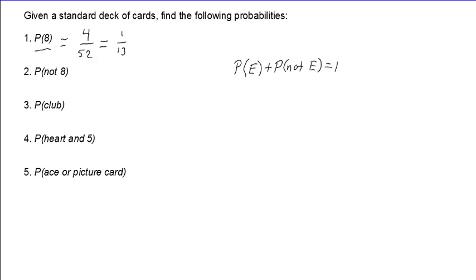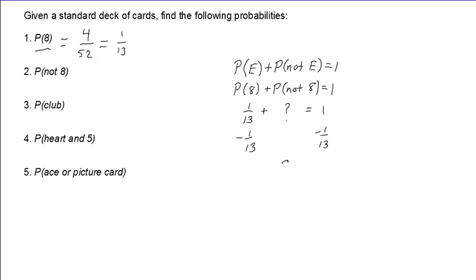So in this case, the probability of my event being an 8 plus the probability that I don't get an 8 is equal to 1. We just figured out that the probability of getting an 8 is 1 chance out of 13. I'm going to put a question mark here for not 8 because that's what we're looking for. And if you remember from basic algebra, I can subtract 1 over 13 from both sides.